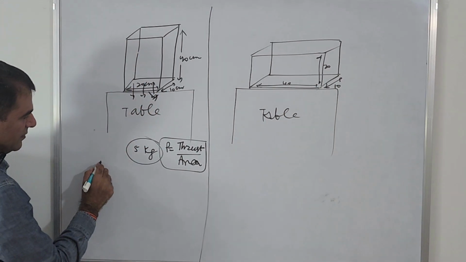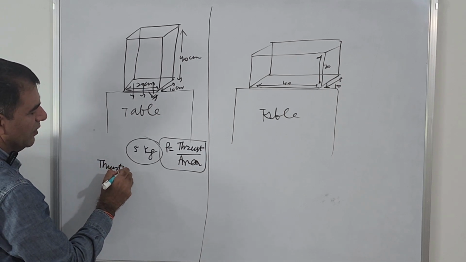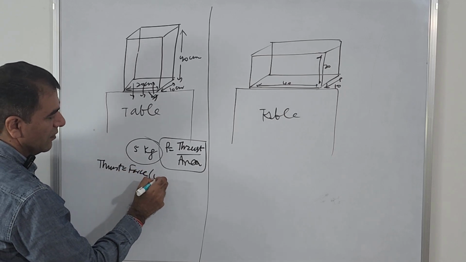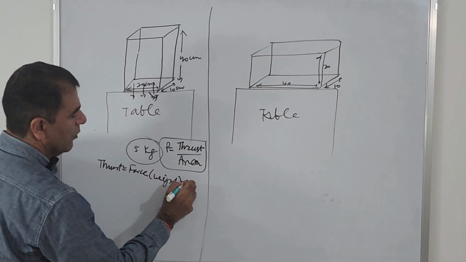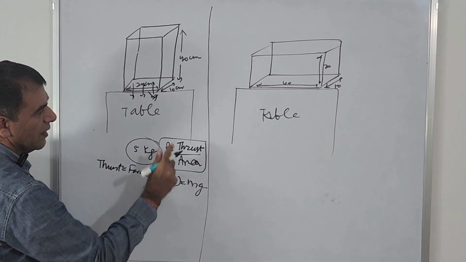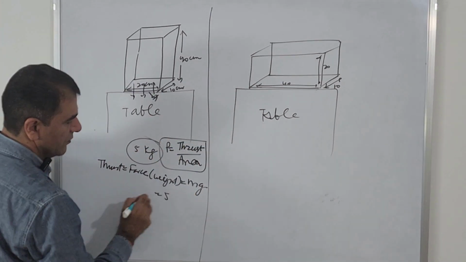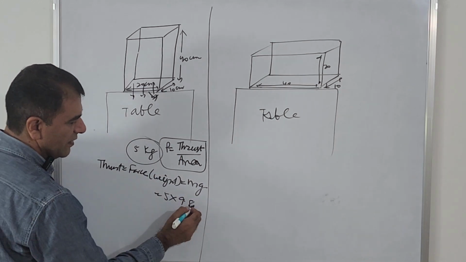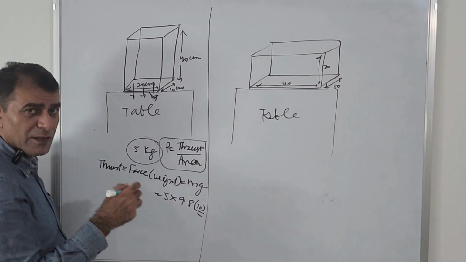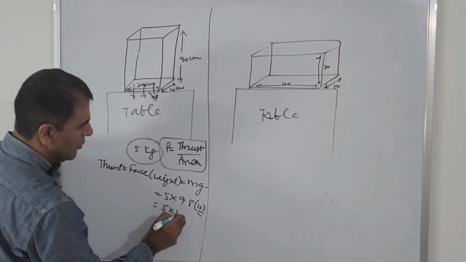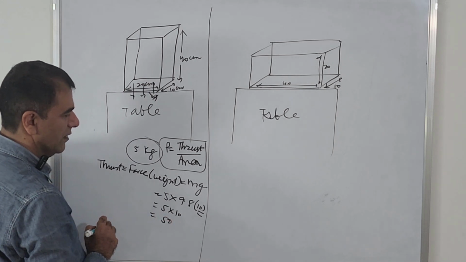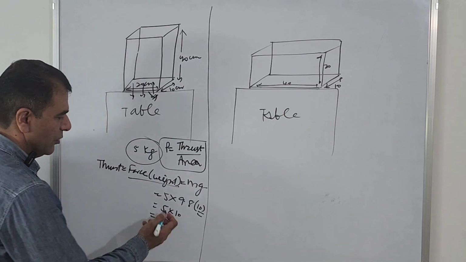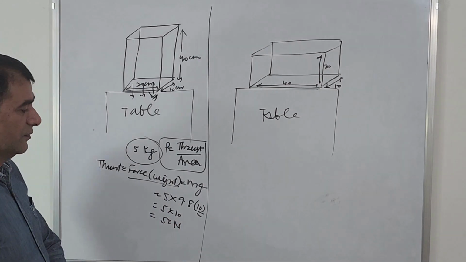Thrust in this case will be equal to force, and force means weight. It will be equal to m into g. What is m? 5 kg. And what is g? 9.8. For simplicity, we can take it as 10. Force calculation: 5 into 10 equals 50. Force is 50. Clear? You can denote it as 50 Newton.